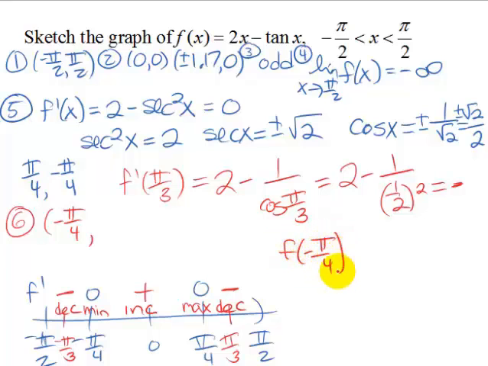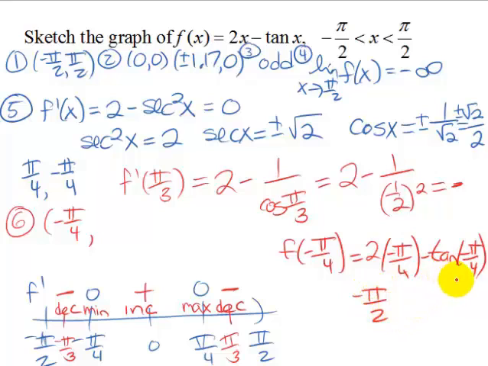Negative pi fourths in our function is going to be 2 times negative pi fourths minus the tangent at negative pi fourths. And so that's going to be negative pi over 2, and we know the tangent at negative pi fourths is negative 1, so that's going to end up making that a plus 1.